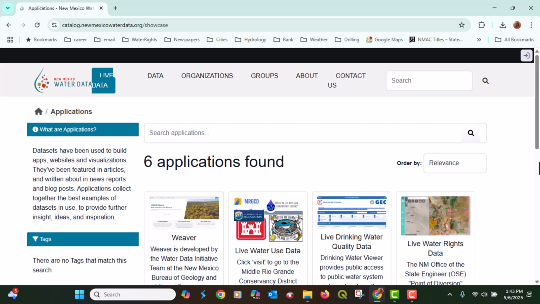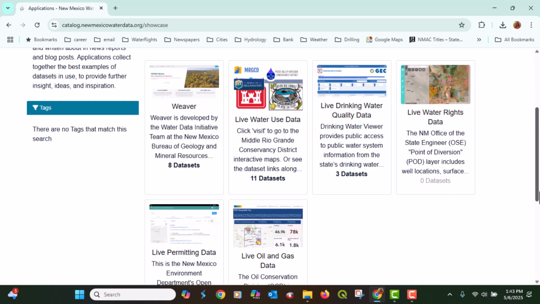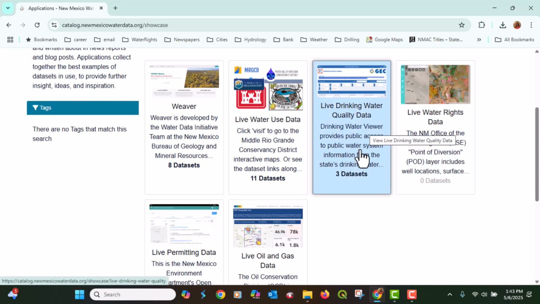So the live data includes live data from 2 different irrigation districts, including the Middle Rio Grande and the Pecos Valley Artesian Conservancy District that are doing real-time measurement. It also gives another live drinking water data quality set, and that is for all the public water systems for the state.